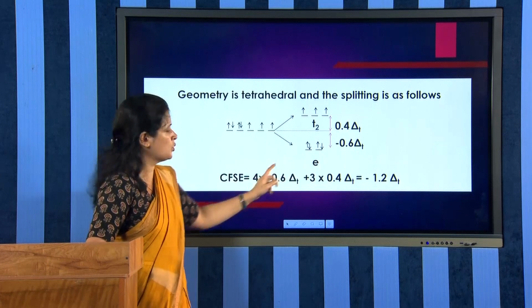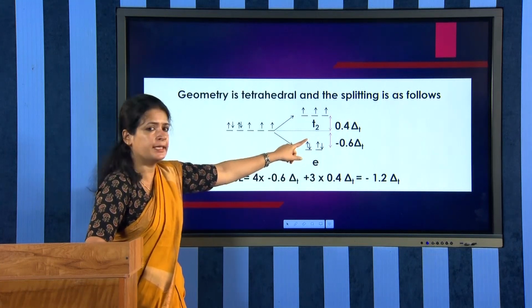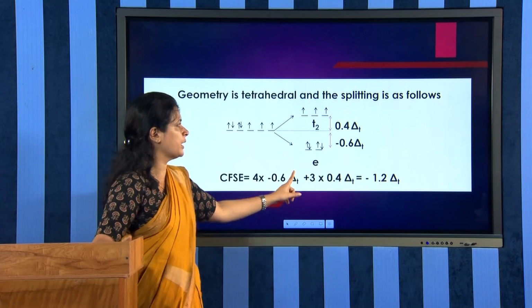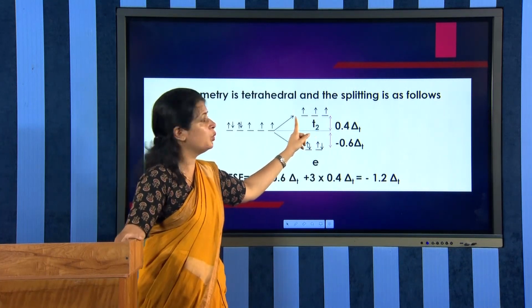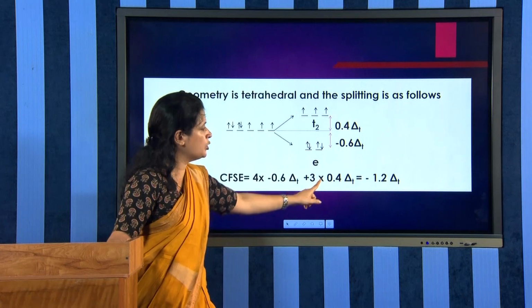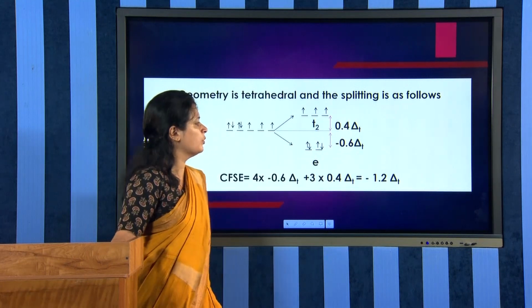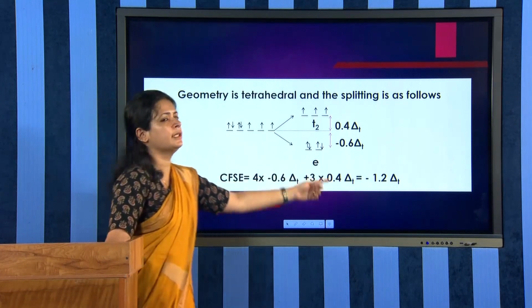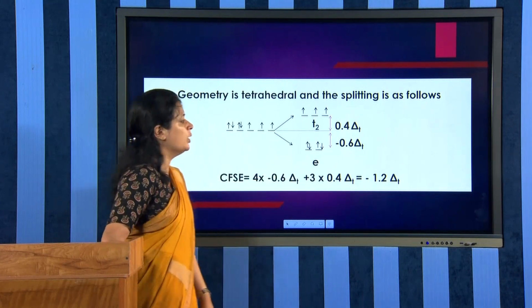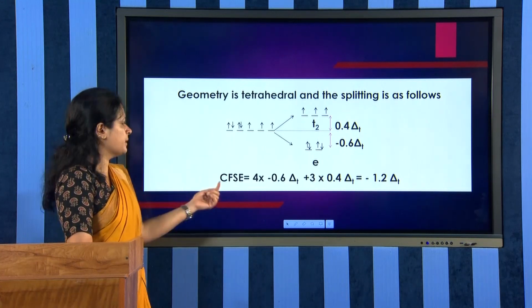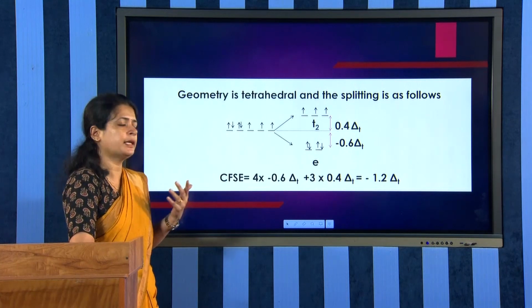You have 4 electrons. So, 4 into the stabilization energy, -0.6 delta T. So, 4 into -0.6 delta T. How many electrons in the T2? You have 3 electrons. So, 3 into the destabilization energy, 0.4 delta T. So, 0.4 delta T. After summing up, you will get the answer as -1.2 delta T. And this is the way to calculate the crystal field stabilization energy of any complex.